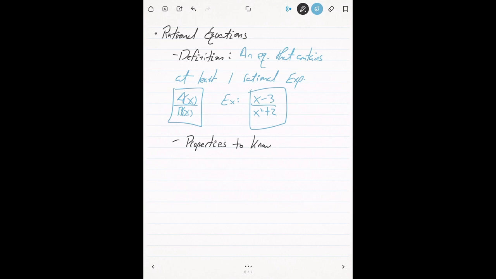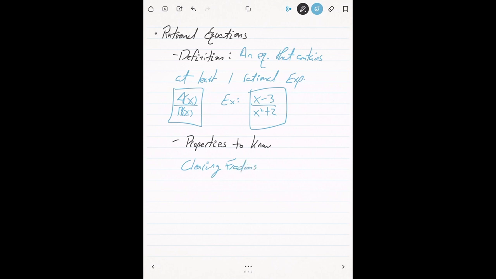Now, some properties we need to know. We are dealing with fractions here, okay? That's what rational expressions essentially are. So what are some properties we know about fractions? Some techniques we've used when working with these things before. Well, something I'm thinking about is our work with clearing fractions. That's something we've done in the past.